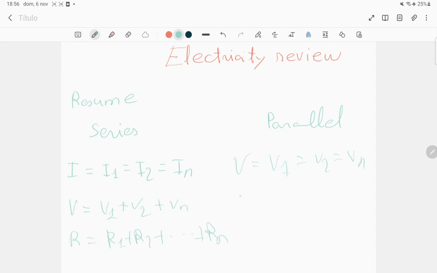And then the I, the current intensity, is I1 plus I2 plus IN, okay, wherever is the number, depending on the number of resistors or resistance.